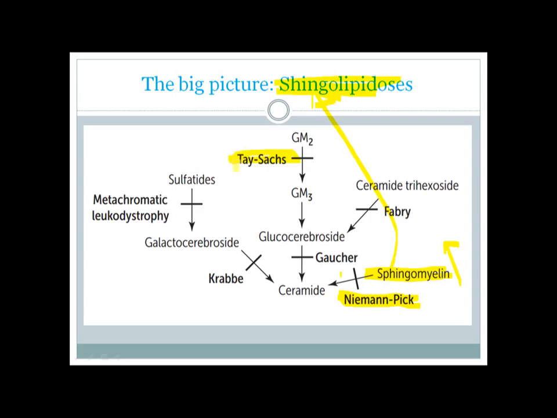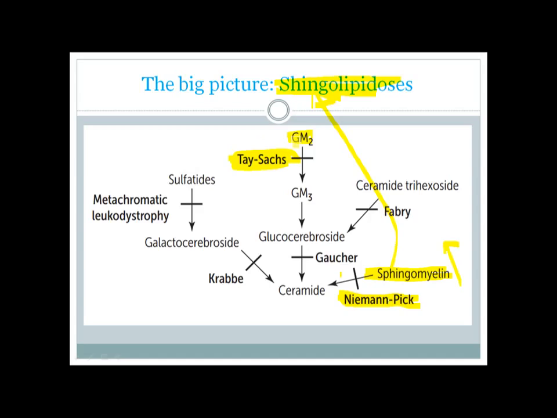I found a story on a forum which goes like this. There was a boy named Tay. Tay had a GM car, a General Motors car, and Tay had very poor vision.